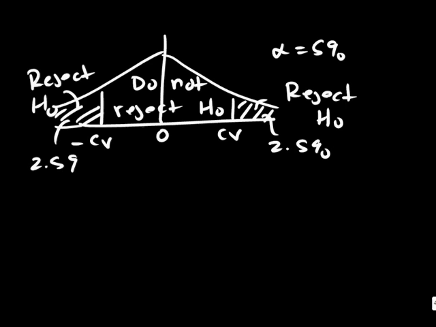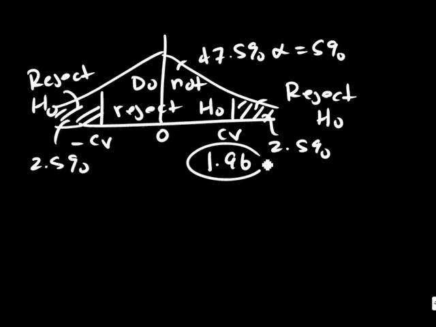What that means is, by using our z-table and working backwards, we look for 47.5%, or a critical value of 1.96, and a minus 1.96 critical value. So any test scores between negative 1.96 and positive 1.96 is a do not reject the null hypothesis.